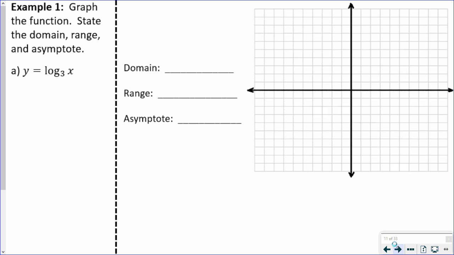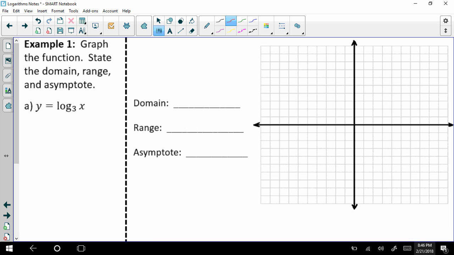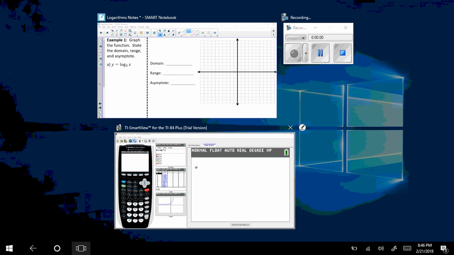Now, what we're going to do is type this in our calculator. So we'll do just like we've normally done. You're going to graph the asymptote on the graph, graph at least 2 points and then the shape of the graph, and then we'll do domain, range, and asymptote on here. Okay, so log base 3 of x. We're going to type that into our y equals on our graphing calculator.